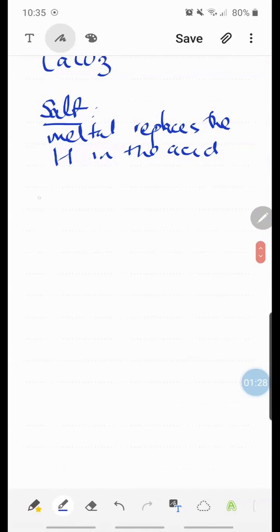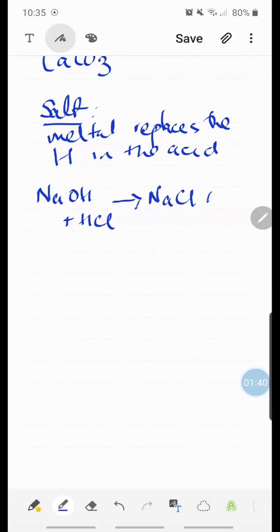Example: sodium hydroxide reacts with hydrochloric acid to form NaCl and water. This is a neutralization reaction. Please notice that the sodium and hydrogen have replaced each other to form the salt.